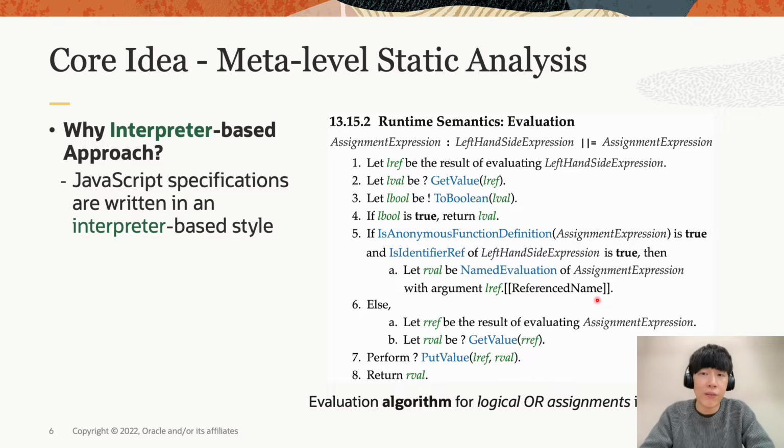In the latest JavaScript language specification, ES12, this abstract algorithm describes how to execute logical OR assignment. It consists of well-organized English sentences as its algorithm steps and treats JavaScript ASTs as values. So it stores ASTs into some variables or passes them as arguments to some functions.